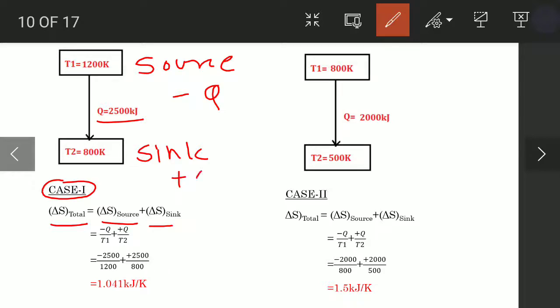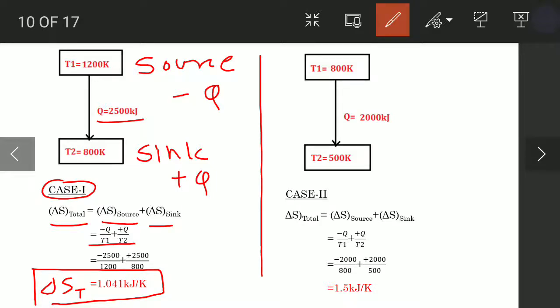The sink is absorbing heat, so it is a plus. So the change in entropy of the source is minus Q upon T1, and for the sink plus Q upon T2. If you substitute Q, T1, T2, we get the total change in entropy of the universe as 1.041 kilojoule per Kelvin.